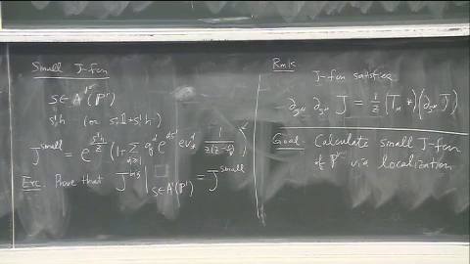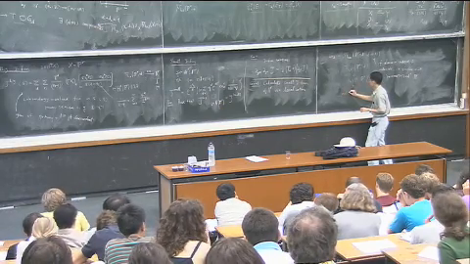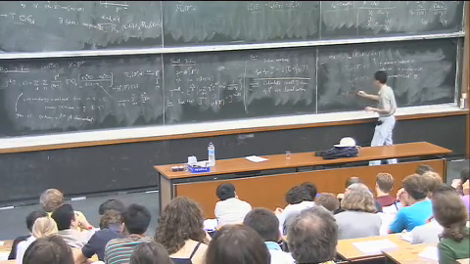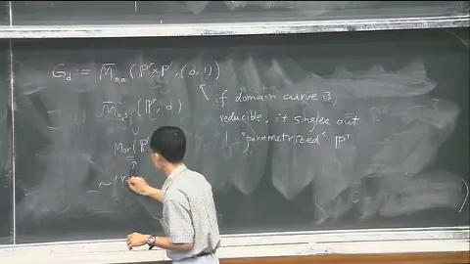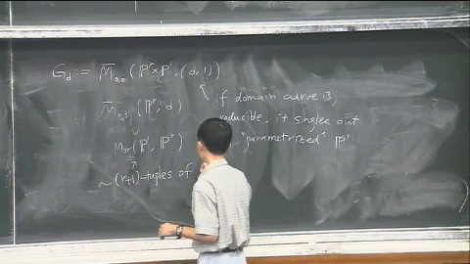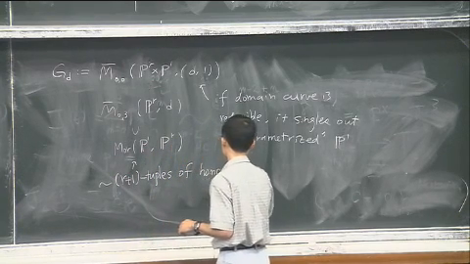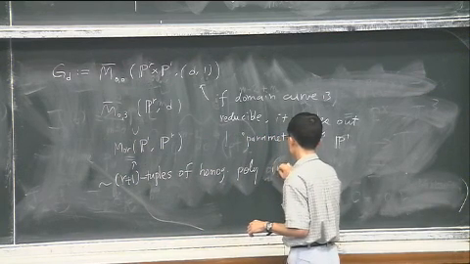Well, this is the same as R plus 1 tuples of homogeneous polynomials in two variables.